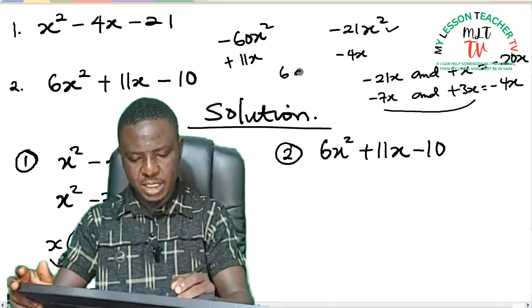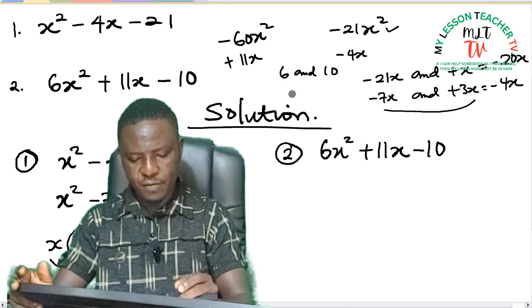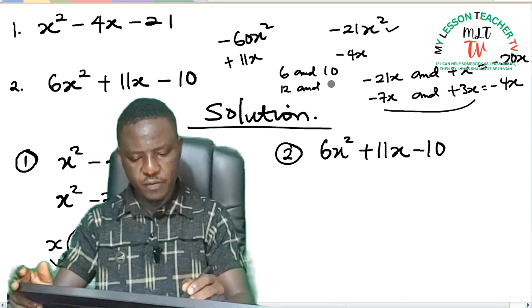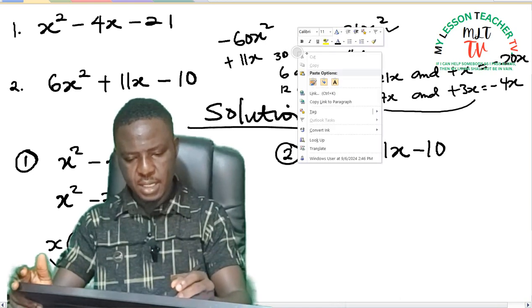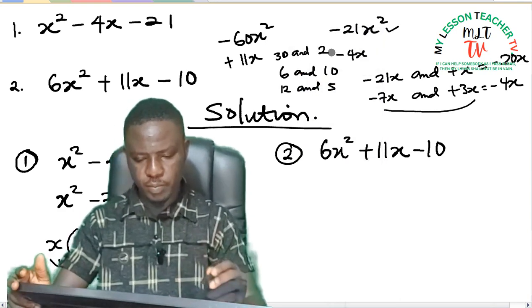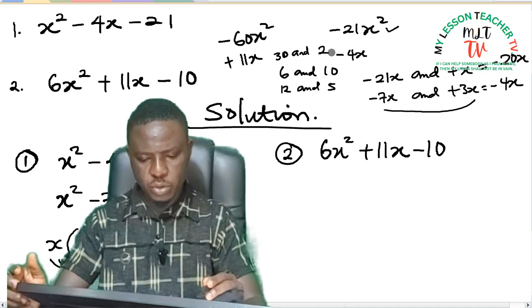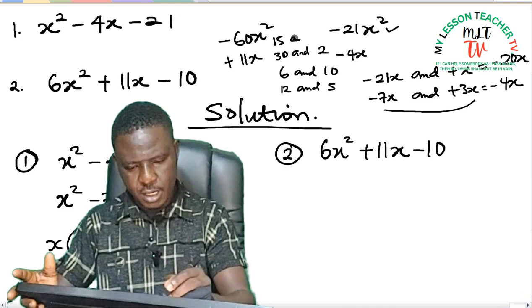We have 6 and 10. We equally have 12 and 5. Also, we have 30 and 2. What else? And we have 15 and 4.